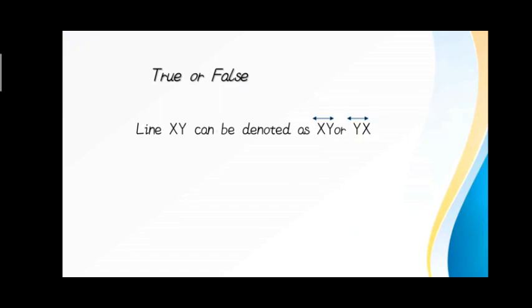If the line has 3 points, we cannot use all 3 points. So this is also true. Whether you are writing line XY or line YX, both are correct for a line.